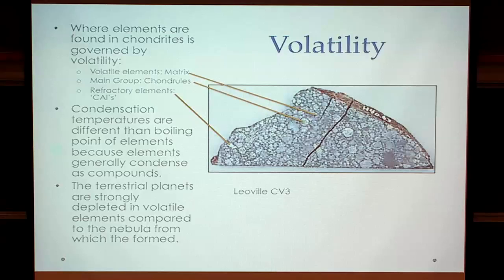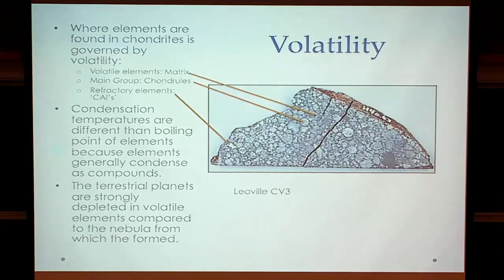I'm going to talk here, next slide should show you a slide of condensation temperatures. And I just want to make it clear that these condensation temperatures are not the boiling points. If you click on a periodic table or something, it's likely to tell you the boiling point of an element. This is not really relevant because things condensed as compounds, not as elements, from the solar nebula.